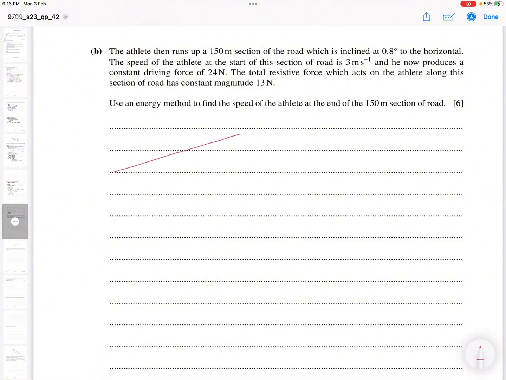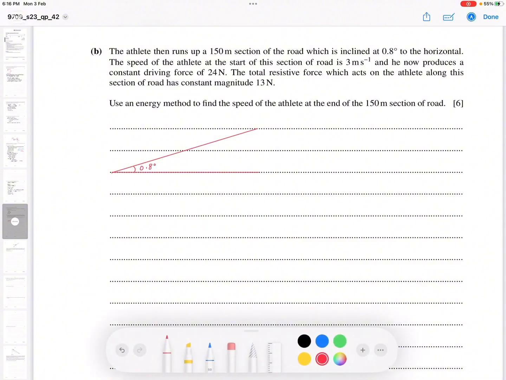Suppose this is an inclined plane which is at 0.8 degree and our athlete is here. His driving force is 24 Newton and the section length is 150 meters.